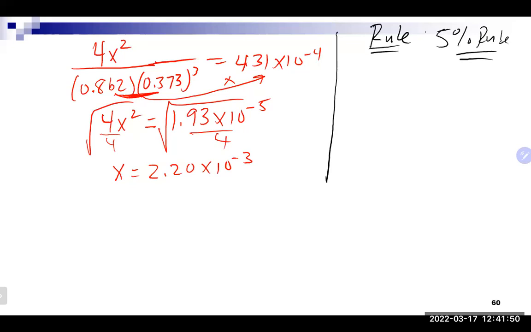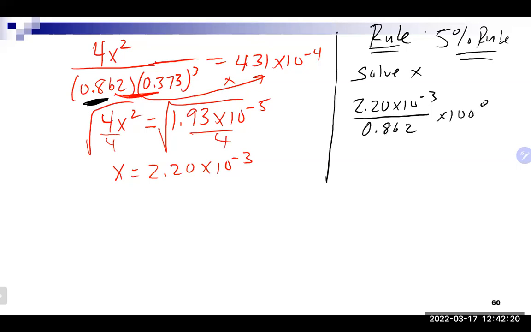What the 5% rule is, once you solve for x, you then want to divide it by whatever you're going to subtract it from or whatever you were going to add it to, and multiply it by 100. So we take our x, which is 2.2 times 10 to the minus 3, which we were originally going to subtract from our initial pressure of 0.862, and multiply by 100%.